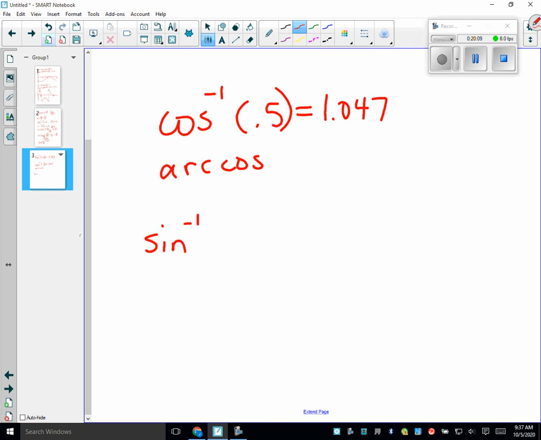It's going to tell us on the test what is in degrees. When you do the arc sines and arc cosines, that's always radians, unless it tells you degrees.